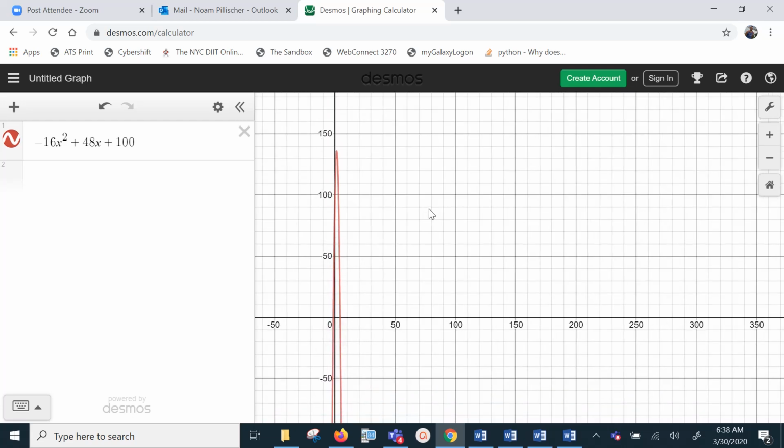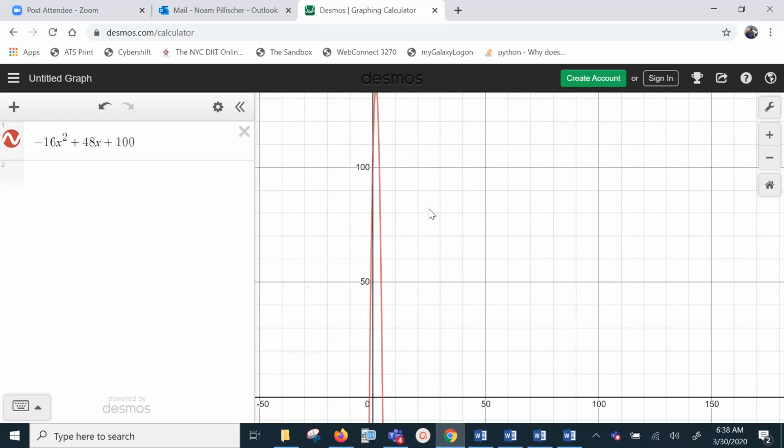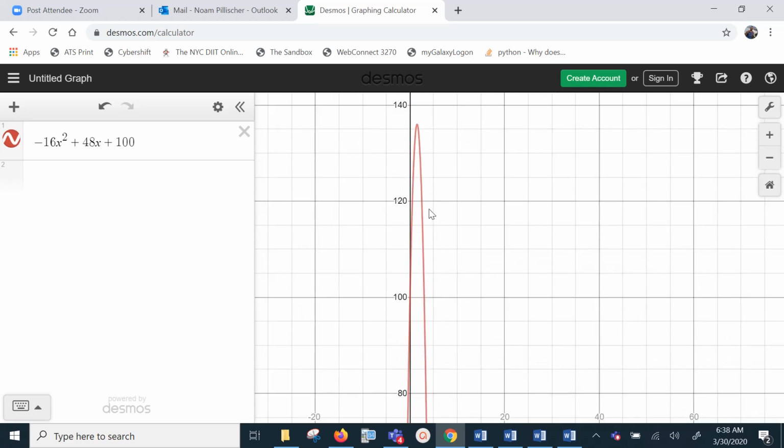Not a big deal, not with Desmos. Remember, we just really needed the vertex, so just get close here and click on it. So at 1.5 seconds, the ball, wow, reached 136 feet. Okay, that's how you read these things. The x value is the time, and it's at 1.5 seconds. It reaches its maximum, which is 136.